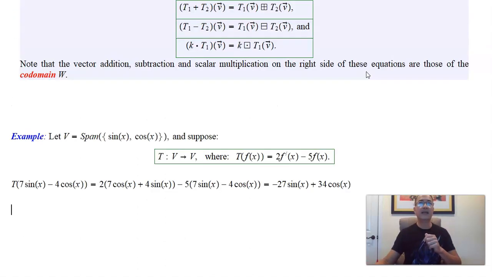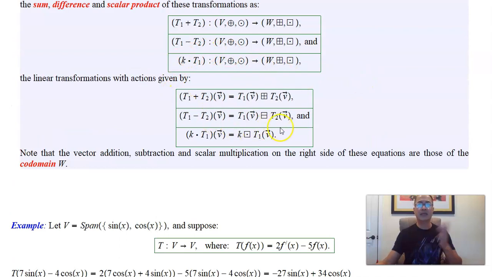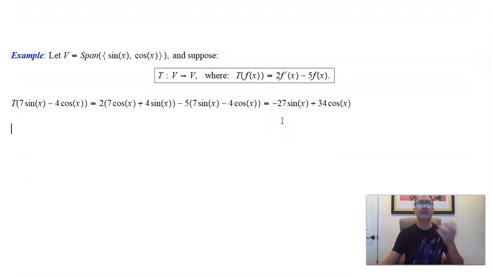What does this have to do with adding or scalar multiples of linear transformations? Well, we're just talking about the derivative, right? So it means that p can be written as twice the derivative minus 5 f of x. Don't change f of x. Who's the transformation or operator that doesn't change the input?